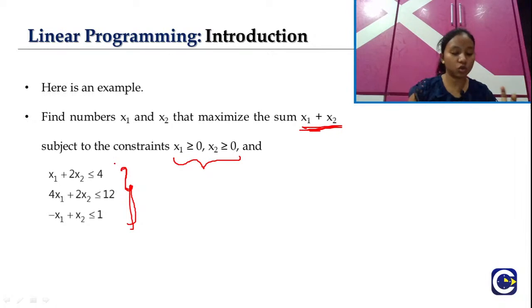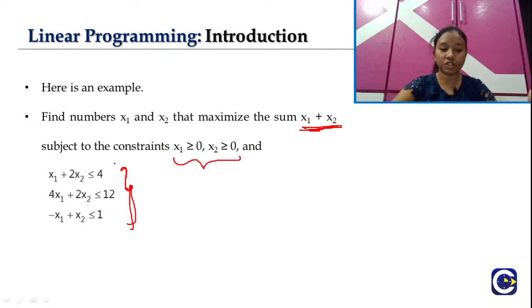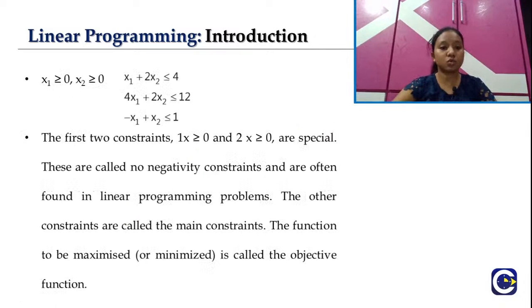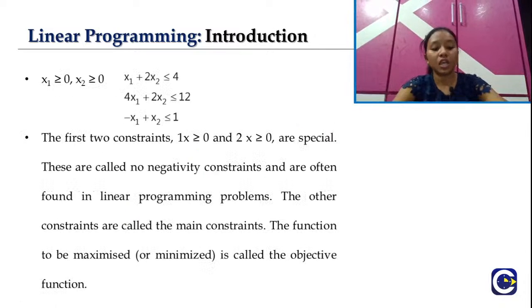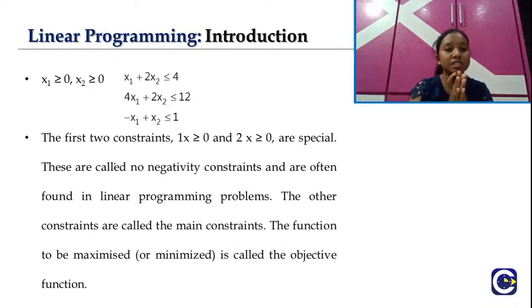I hope there are no doubts in understanding the difference between the function as well as the linear constraints. So let's move on to the next one. Amongst these linear constraints which our linear function has been subjected to, we have some classification.